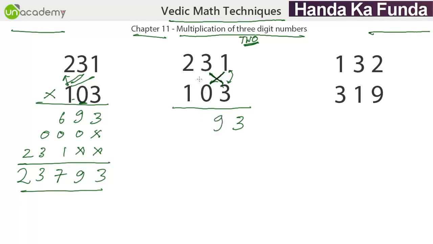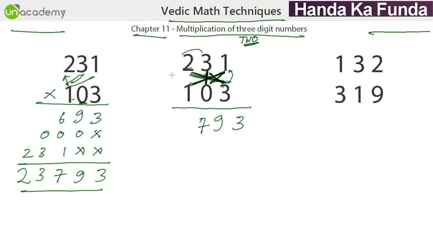For the third last digit, I need to do an overall cross. So 2 into 3 is 6, 1 into 1 is 1, 3 into 0 is 0. So 6 plus 1 is 7, and 7 and 0 is 7. So I write down 7 here.